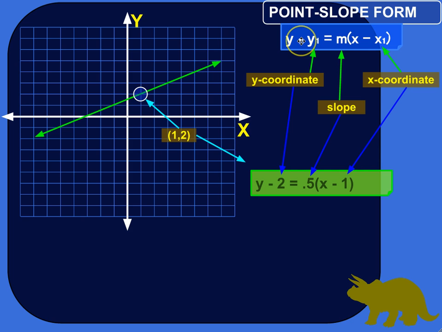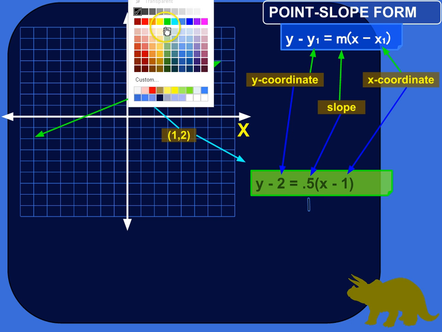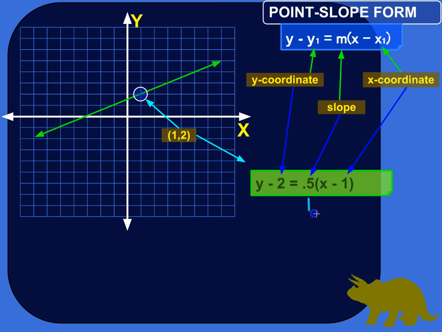The other piece of it is m, the slope. For this particular line, the slope is 0.5, or you can rewrite that as 1 over 2. Slope is the change in y over the change in x.